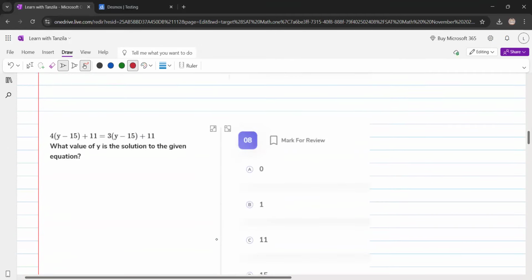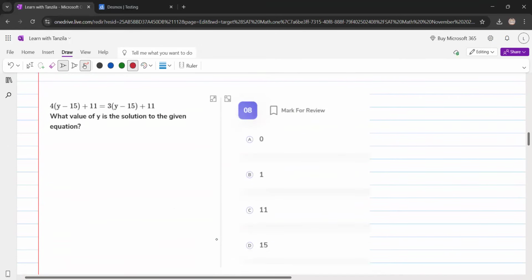Moving on. Question 8. Okay, you have an equation given. What value of y is the solution of the given equation? Well, just write it in Desmos, okay?